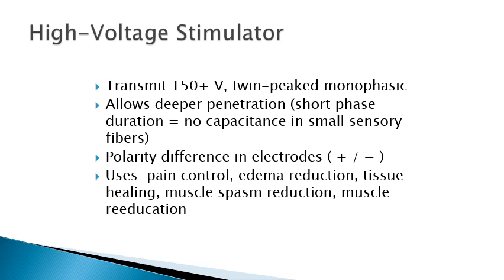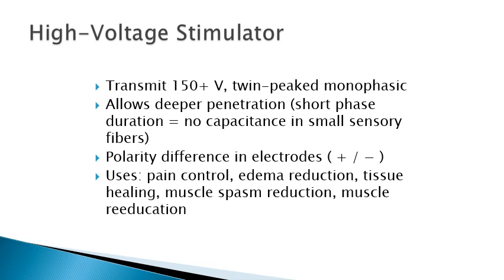We'll talk about the tissue healing and some of the things with wound healing and how you'd want to set that up. For edema reduction, you could either use it in a neuromuscular fashion for a muscle pump, or there is potential of using a monopolar treatment with the negative electrode. I'm going to talk about that a little bit on the next slide.